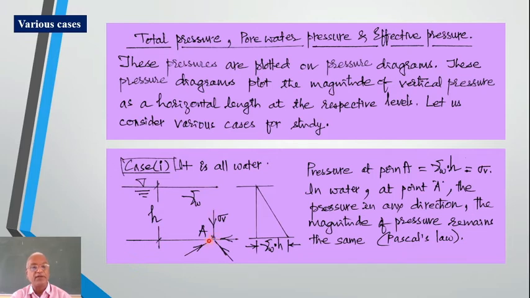If you take sigma v, it will be equal to gamma into H. But because it is a liquid, the pressure at this point will be the same in all directions, whether upwards, sidewards, etc. Pressure at point A equals gamma w H, which is sigma v. In water at point A, the pressure in any direction, the magnitude of the pressure remains the same by Pascal's law.